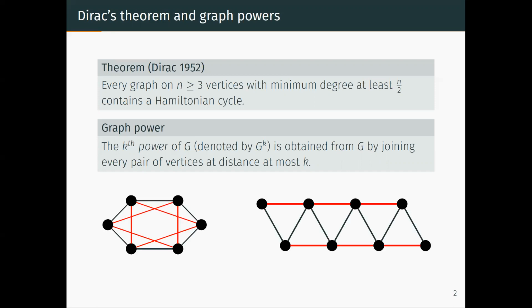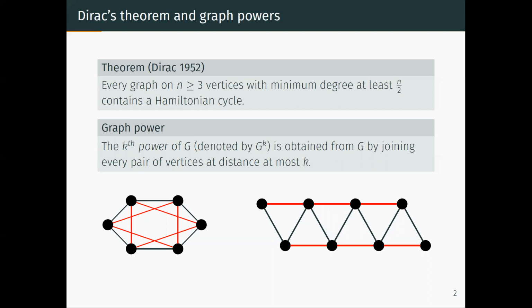To give you an idea of how this works, on the left you have an example. On the outside, you can see a black ring of 6 edges forming a cycle on 6 vertices. And on the right, you have a path on 8 vertices in black.